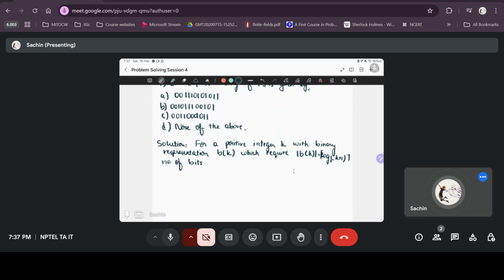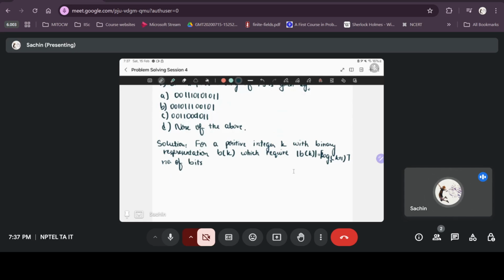So to represent 4 in binary, it would be 100, which needs ceiling of log of 4 plus 1, which is ceiling of some 2 point something, just 3. That is, you need 3 bits to encode the number 4. You need 3 bits to encode number 5, 6, 7.